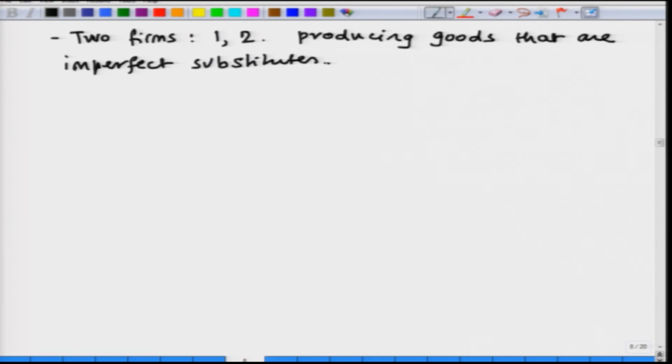The demand for firm 1's product, which is Q1, will depend not only on its own price, but will also depend on firm 2's price. The demand for firm 2's product will depend not just on its price, but also on the price of firm 1's product, which is P1. These are the demand functions.